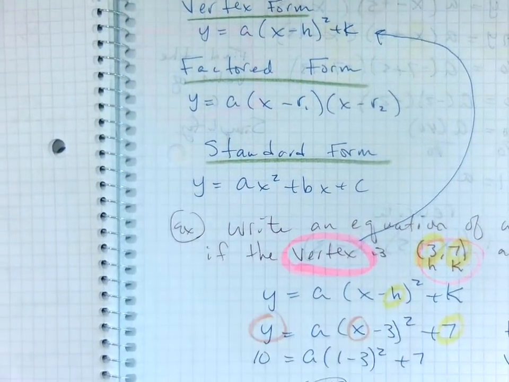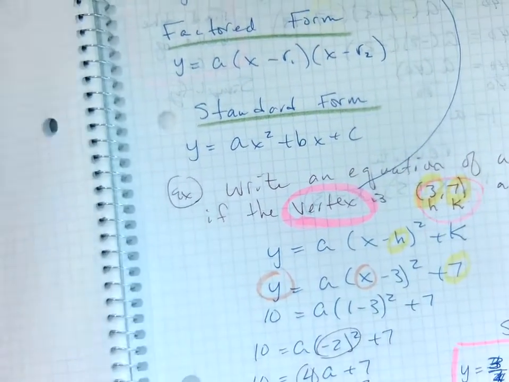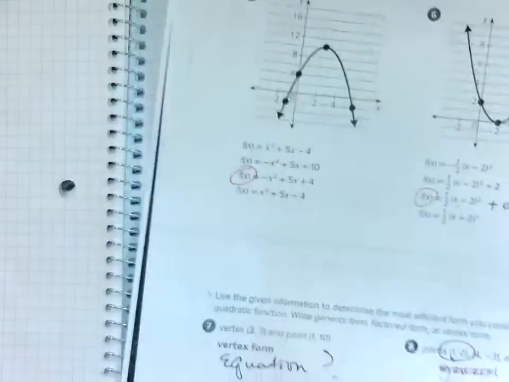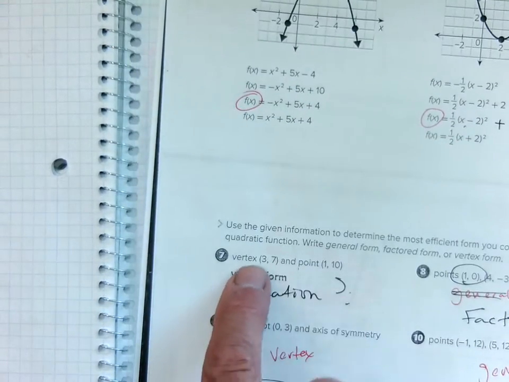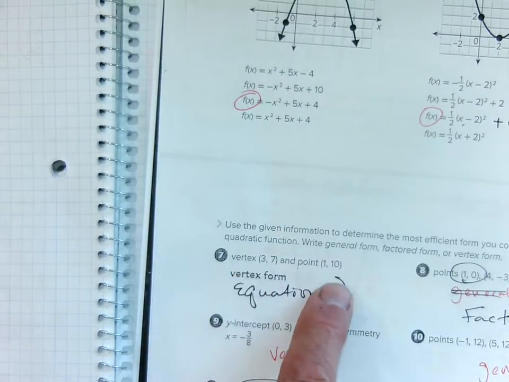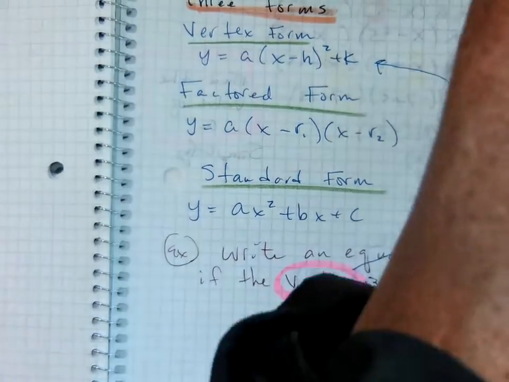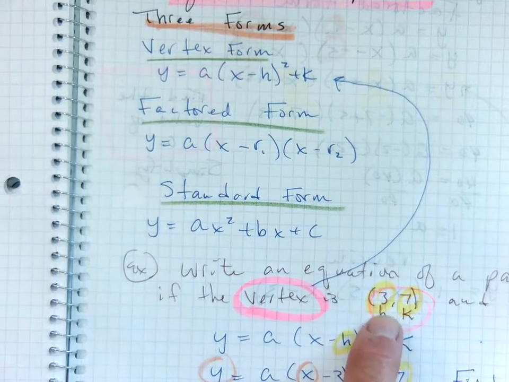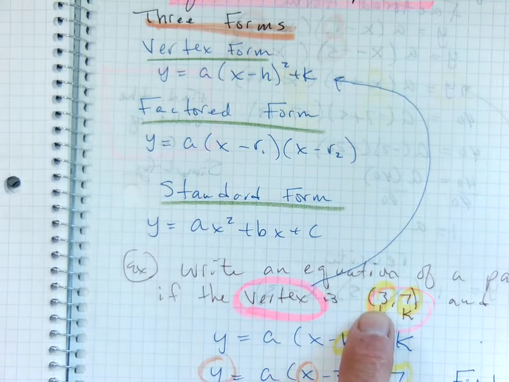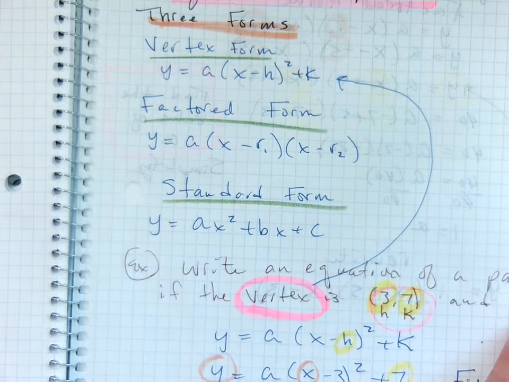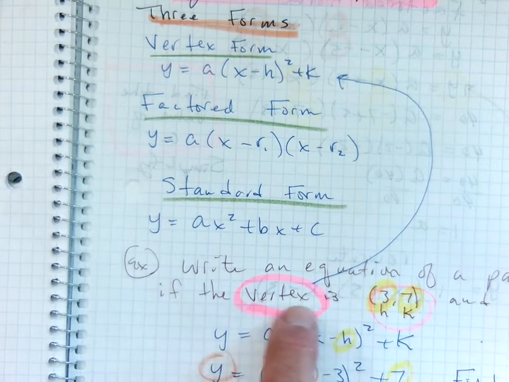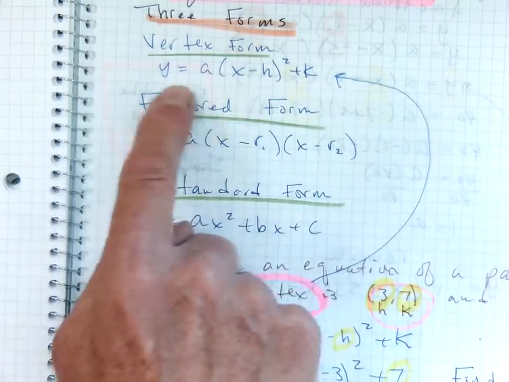So I went back to that example in our homework. Number 7 was: we've got a vertex 3, 7, and a point 1, 10. We say vertex form, so let's actually make that equation. I wrote down the vertex 3, 7, and the point 1, 10, and we all agreed, since it talks about the vertex, that we would use the vertex form.